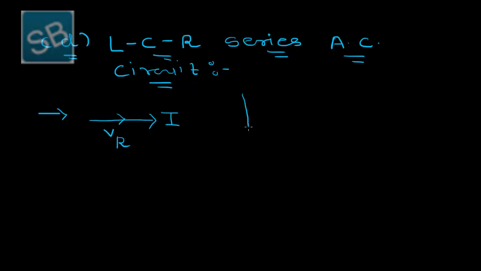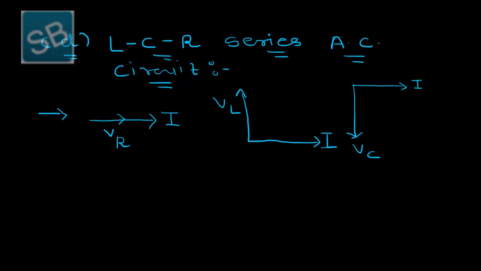Then comes the AC circuit containing only inductor. So here is the voltage of inductor, and opposite to that, here not L, it is the direction of current. So this is the case of AC circuit with capacitor only.